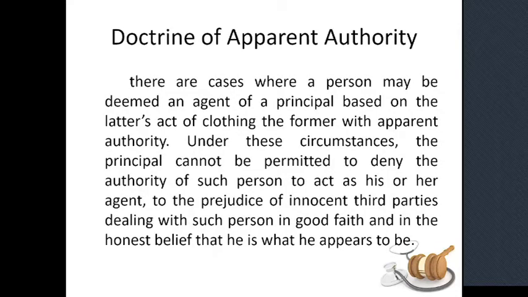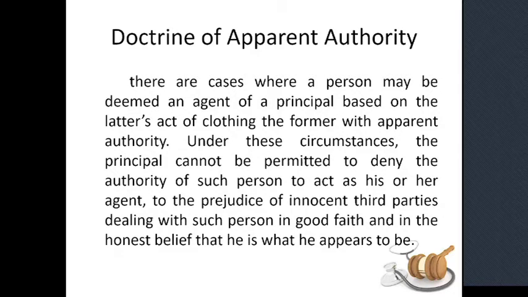So there are cases where a person may be deemed an agent of a principal, so an agent, like a doctor, of a principal, like a hospital, based on the latter's act of clothing the former with apparent authority. So if your authority as a doctor to practice in that hospital is due to the authority given to you by that hospital, then there is apparent authority.